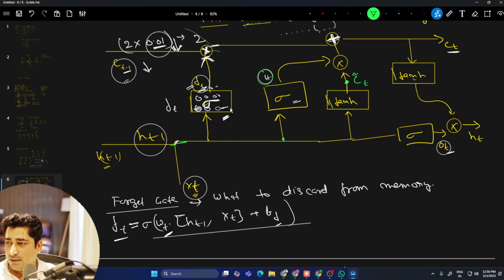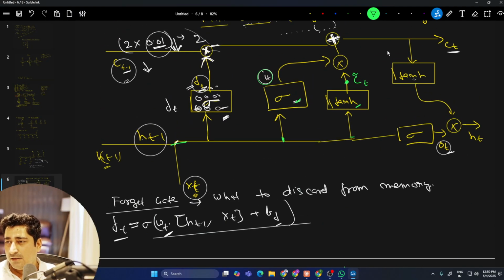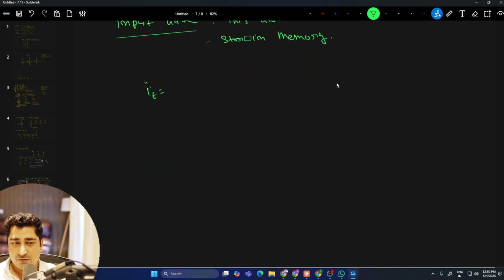Even this gate and even this gate is a neural network, so everyone takes the input. If I write the equation, this IT is sigmoid of the weight of the input gate times H of t minus 1, X of t, plus the bias for the input gate.